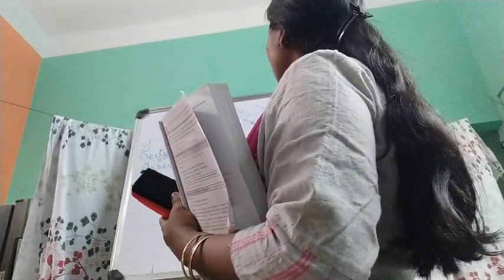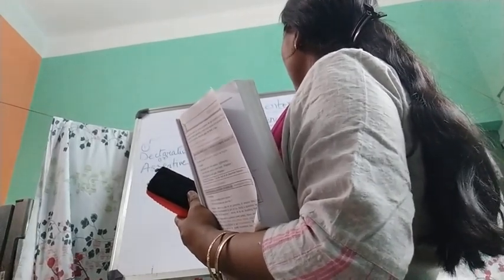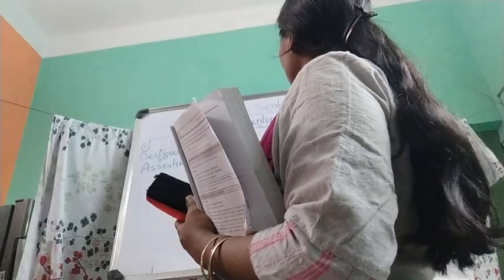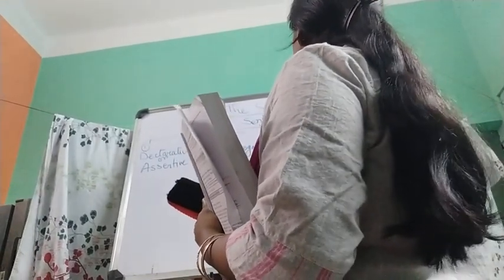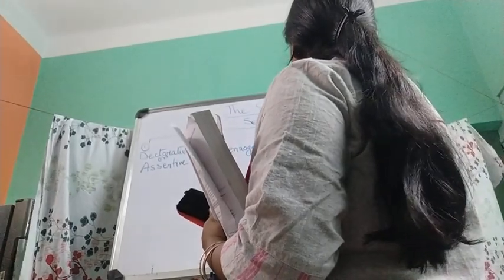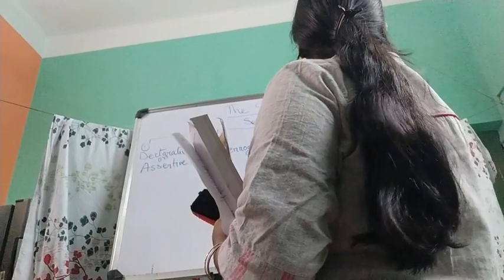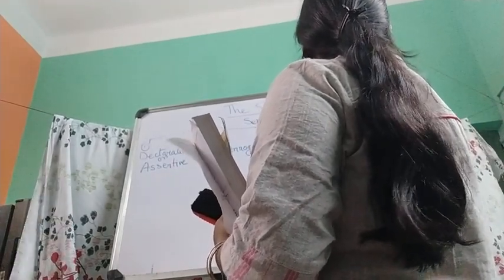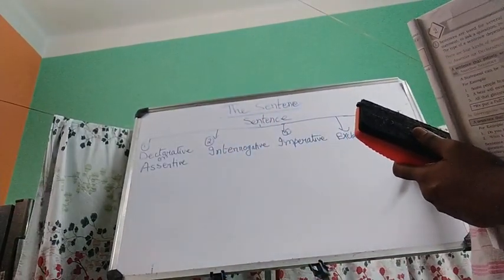Number 3, imperative. Number 4, exclamatory. And finally we have optative. You won't have this one in your book. However, you should know what an optative sentence is.